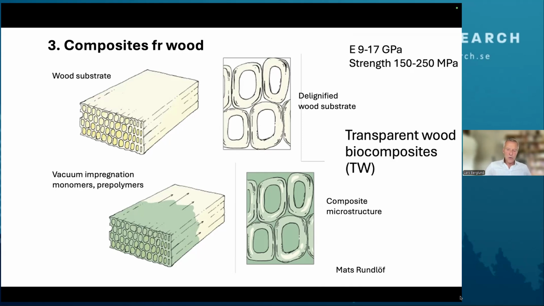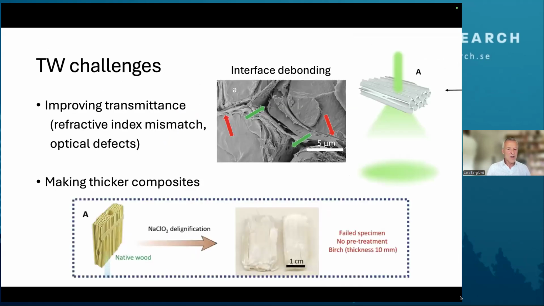I wanted to take the example of transparent wood biocomposites because it's actually very good when you're trying to optimize the nanostructure of the cell wall, because optical properties are incredibly sensitive to processing defects. So these are the challenges with transparent wood. We want to improve transmittance, and there are two main reasons for that.